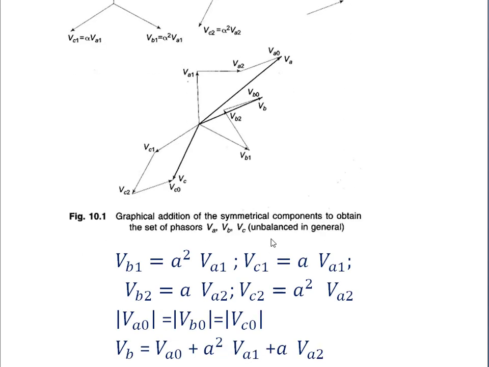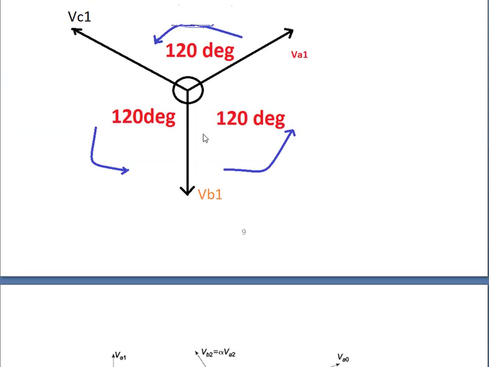So to express VB1 in terms of VA1, this vector should rotate in the anti-clockwise direction and reach VB1. Then we can express VB1 is equal to VA1 into A, means it will reach here. Then if it moves from here to here, again it has to be multiplied with another A, that is A square VA1.